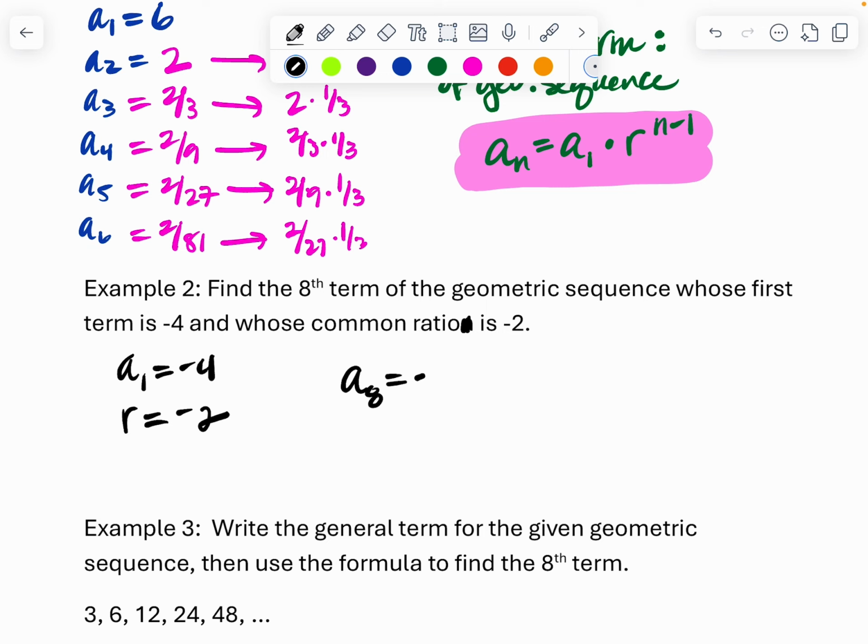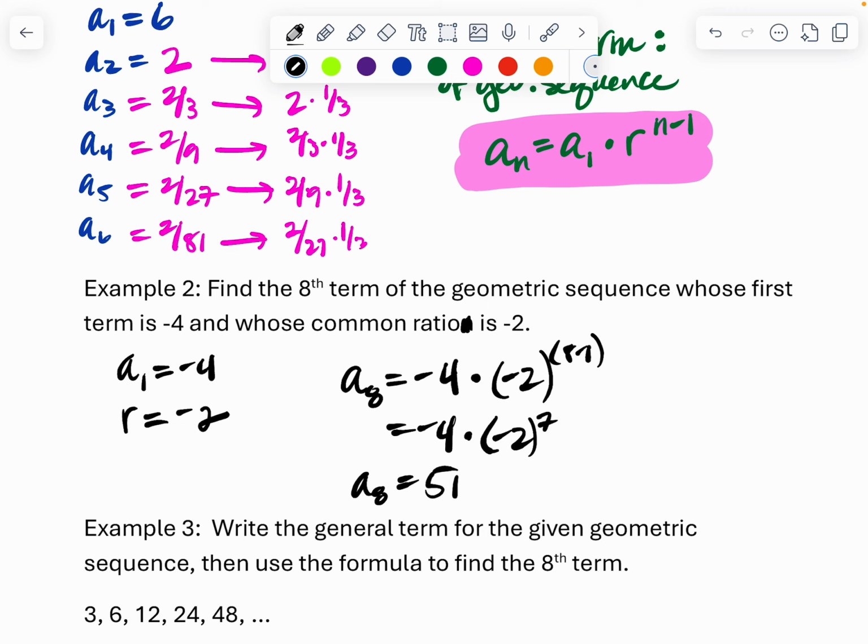We take our first term, A sub 1, and multiply by -2 to the 8 minus 1, which means we do -4 times -2 to the 7th. Make sure you use your calculator to do that. What we end up with is that our 8th term is 512.